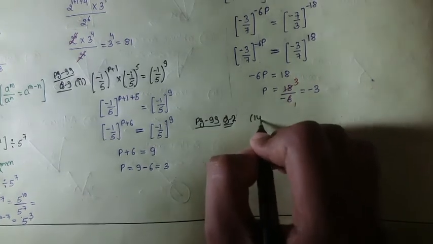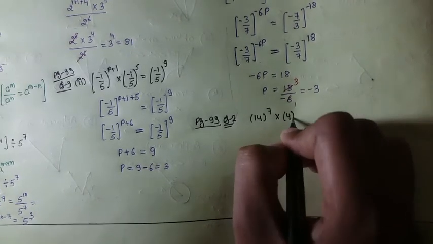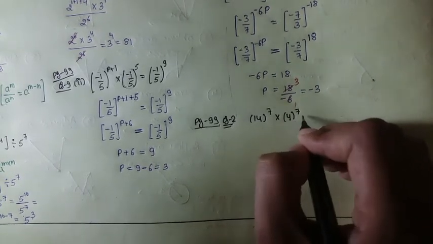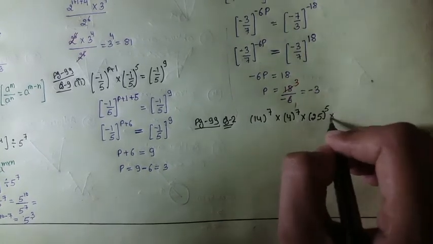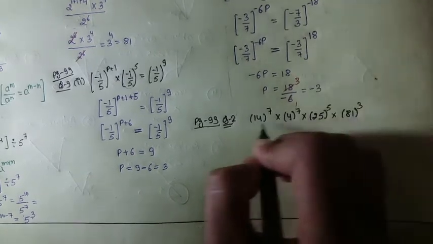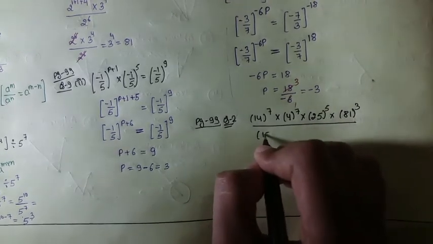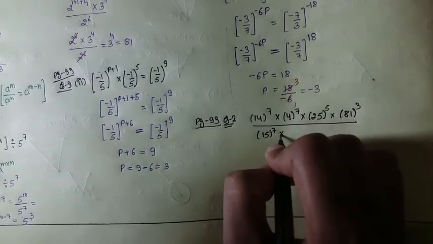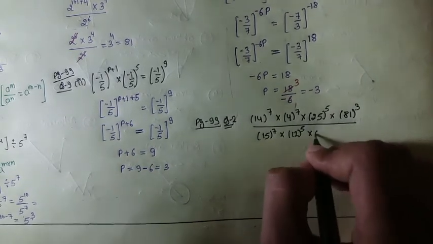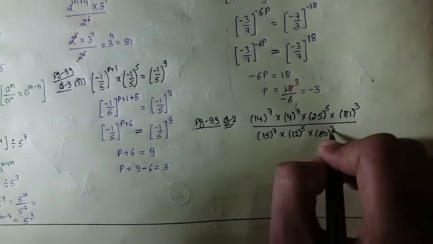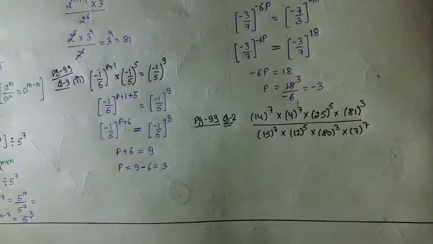That is 14 to the power 7 into 4 to the power 7 into 25 to the power 5 into 81 to the power 3 whole divided by 15 to the power 7 into 12 to the power 5 into 80 to the power 3 into 7 to the power 7. This is the question and we have to simplify it.